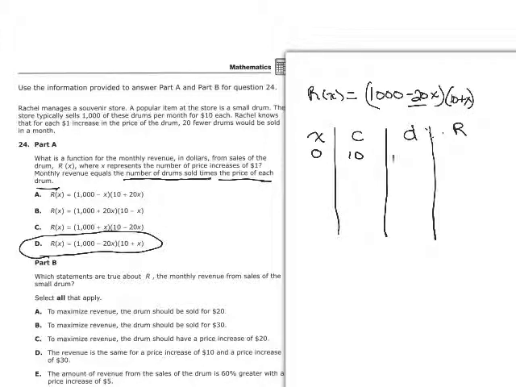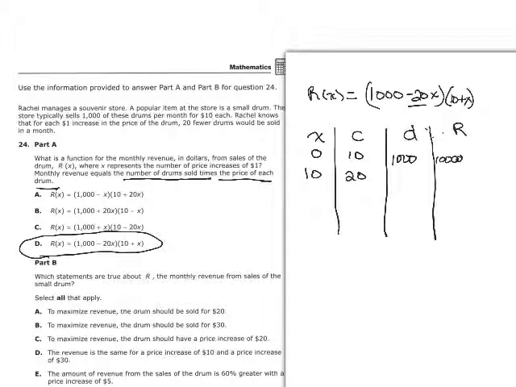So we still have 1,000 drums, and the revenue is going to be $10,000, and that's basically from selling 1,000 drums at $10 a piece. Well, what if we increase the price by $10? It says that to maximize revenue, the drum should be sold for $20, which means you're adding $10 so that your drum can be sold for a cost of $20.